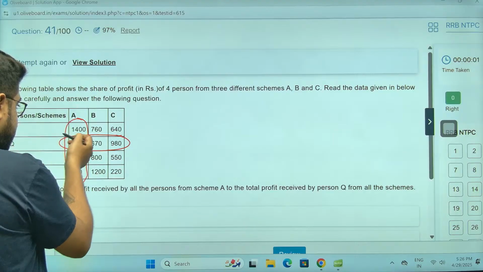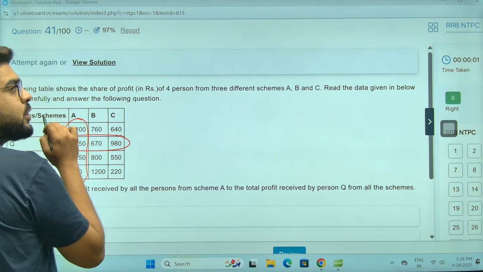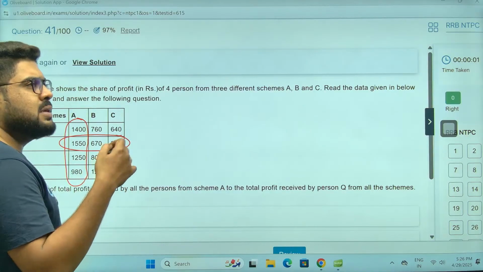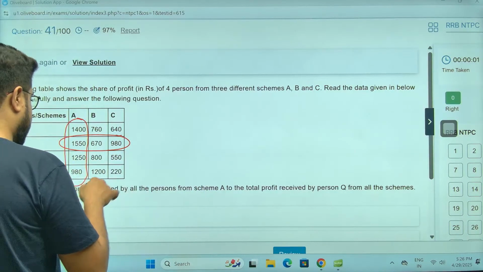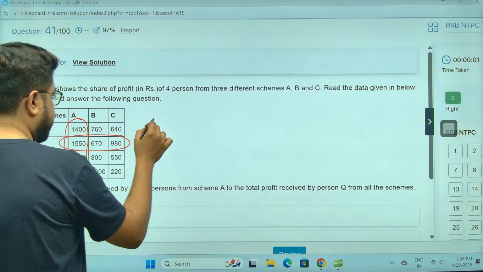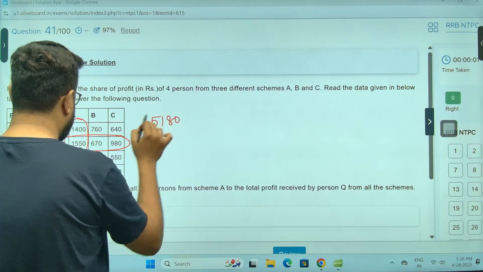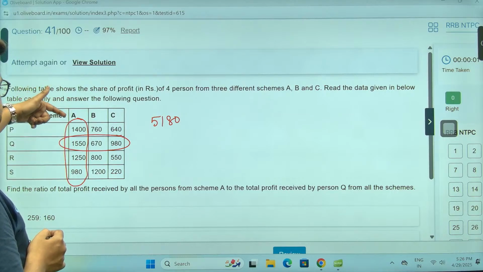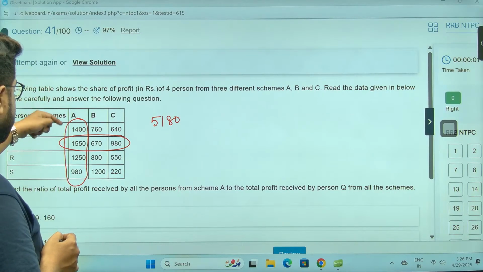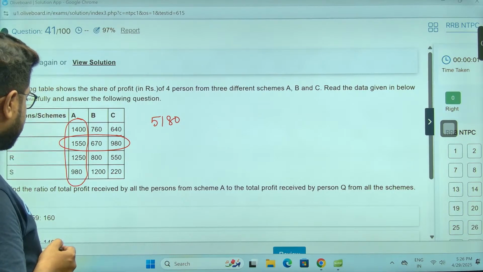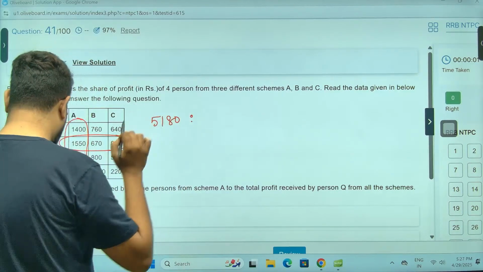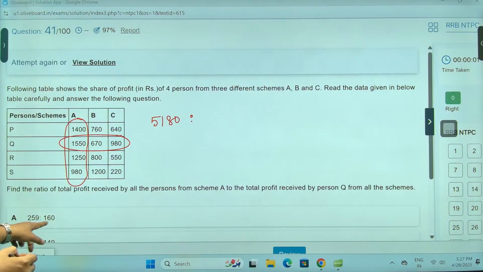That is 28 and 14, 42. 42 is 5180. Let me check once: 1600, 1200, 2800, 4200, 5200, 5180. The ratio 259 will come. I guess this is the answer, or I don't know the other options.